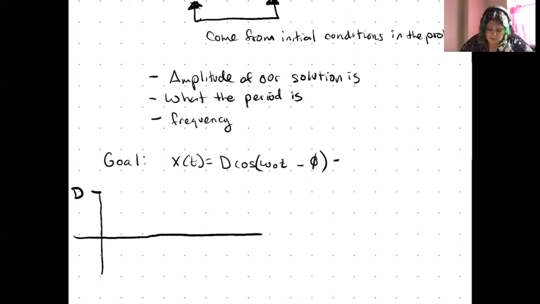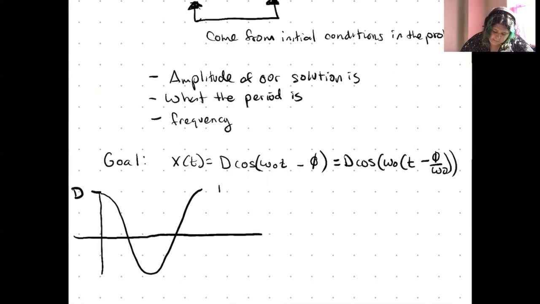We can rewrite this a little bit more to figure out where to draw the curve exactly. If I pull out a factor of omega naught, I can see that my t value is basically shifted by phi over omega naught. If I just looked at D cosine omega naught t, that would look something like this.